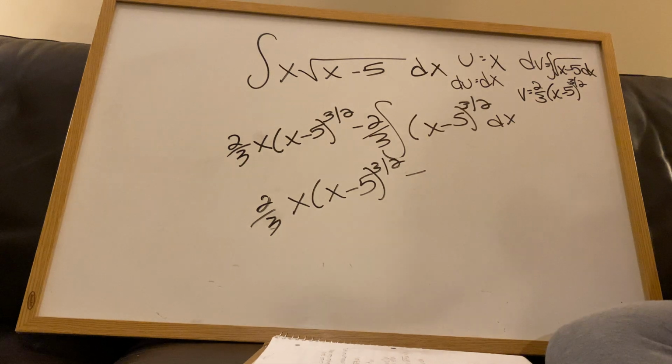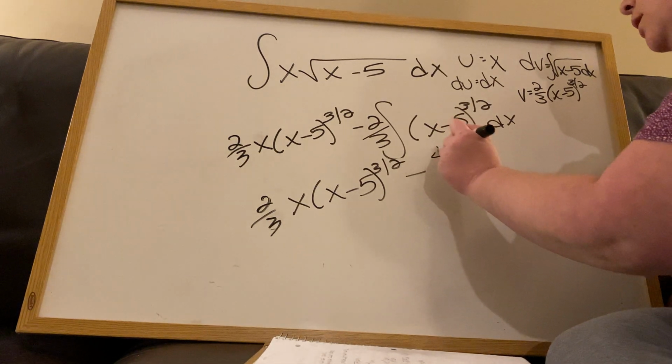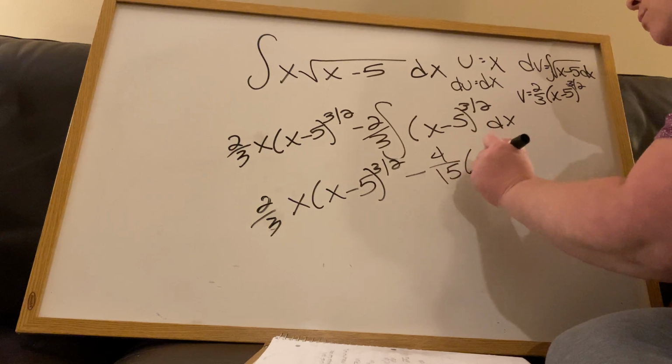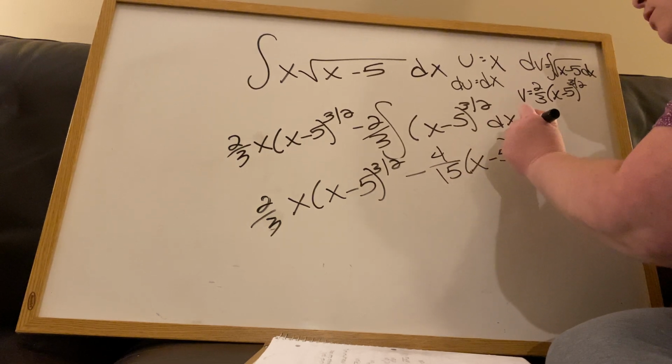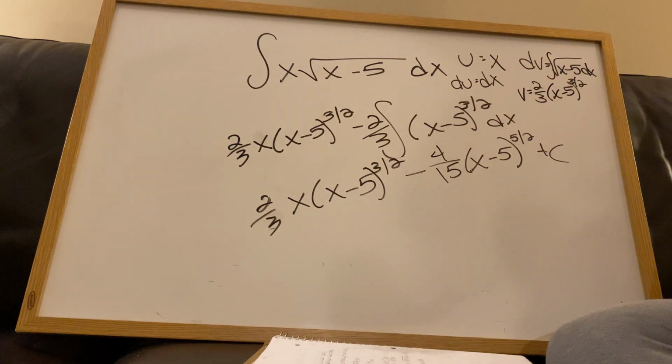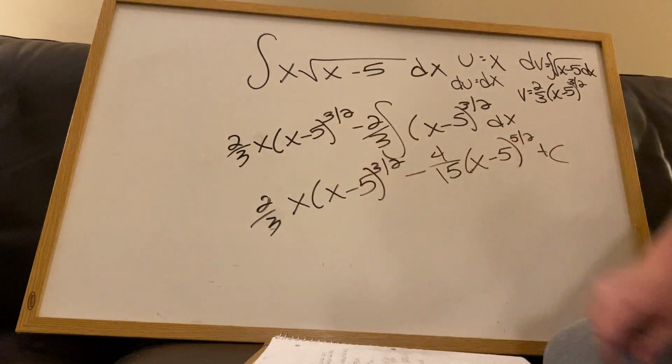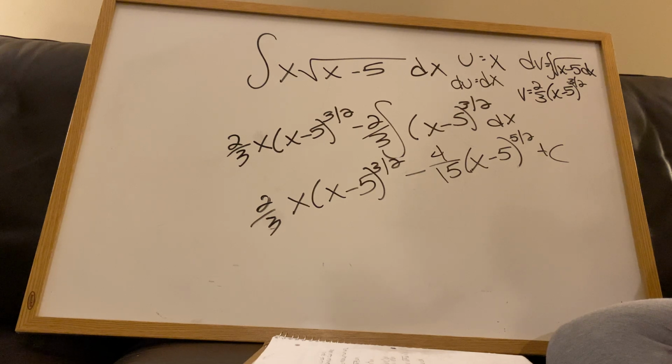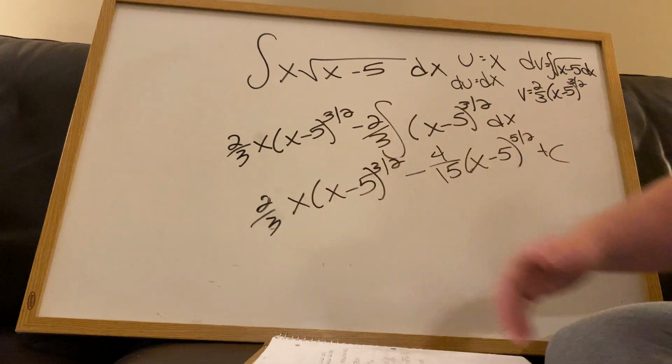Okay, so you've got 2/3 times 2/5, so you're looking at 4/15 times u to the 5/2 plus c. When you're doing the bookwork, watch the bookwork because they'll take out an x minus 5 to the 3/2 as the overall greatest common factor and leave the answers looking super weird. Leaving it like this is just fine.